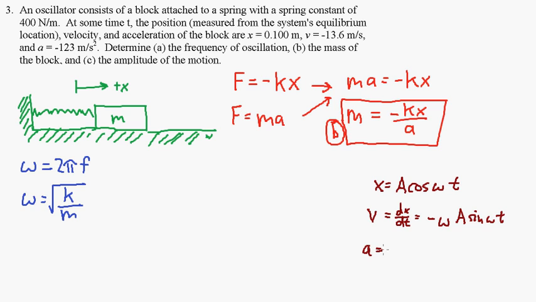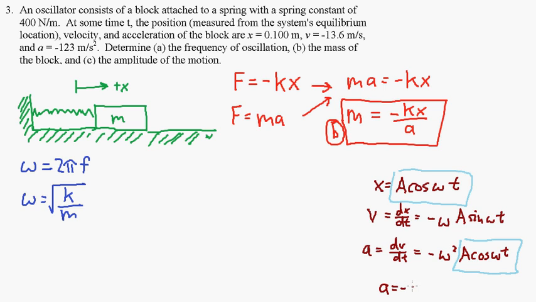And then a is dv/dt, which is negative omega squared A cosine omega t. Because A cosine omega t is also x, you get a equals negative omega squared x, okay?